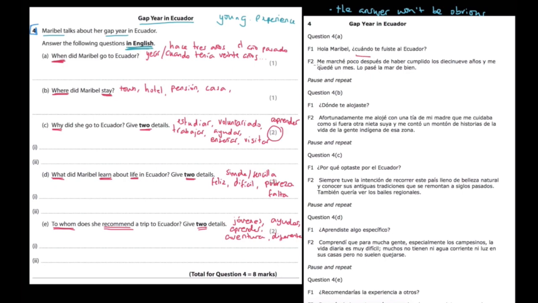Me marché, I left, this is from the verb marcharse, poco después de haber cumplido los 19 años. Right, so here is your answer in a bit of a cryptic way. Poco, little, después, after, de haber cumplido, of having turned 19.